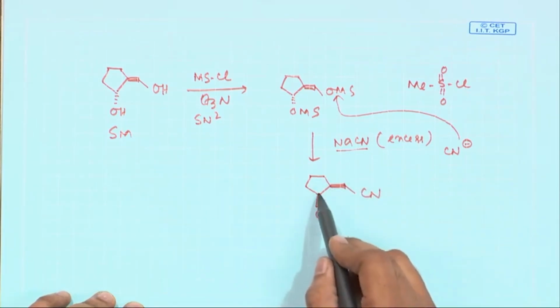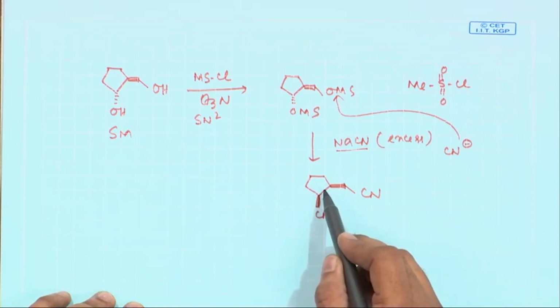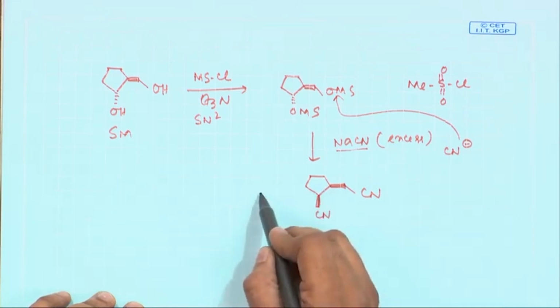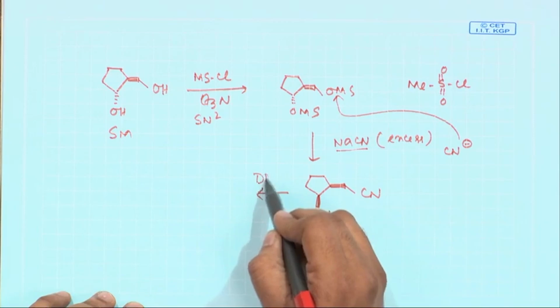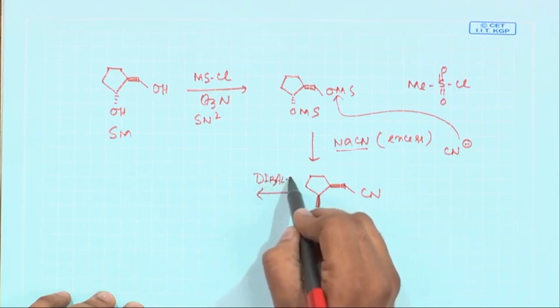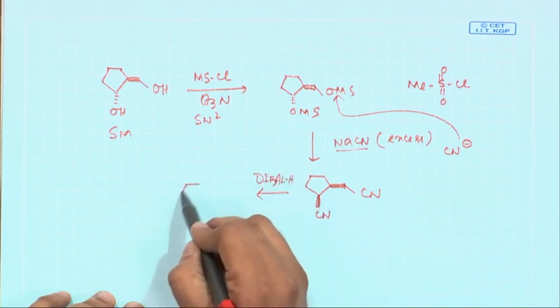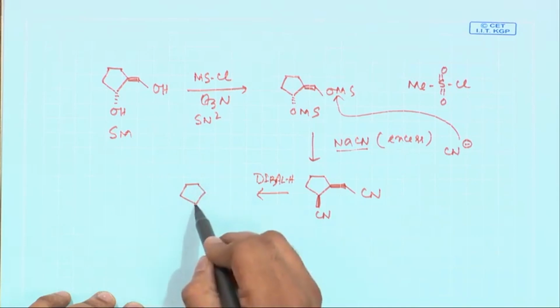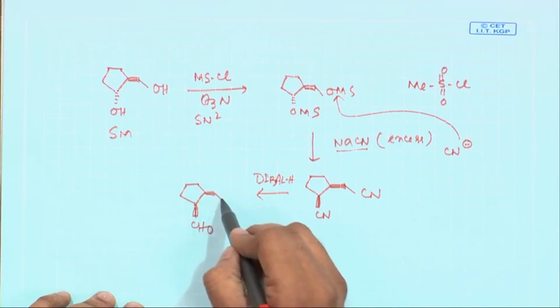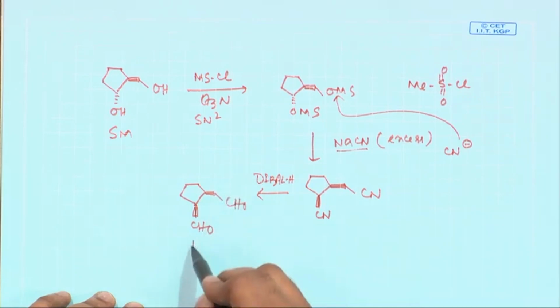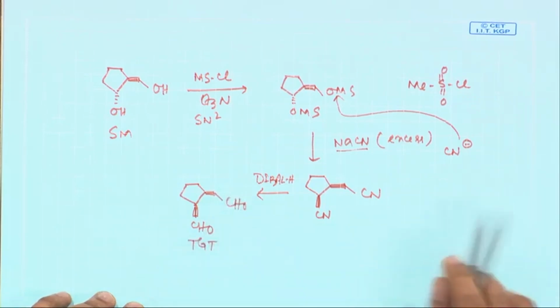So, particularly at this point, the appendage you are introducing by a displacement reaction undergoes inversion, and this was the main key factor. And then, as you have this dicyanide, you do an excess DIBAL treatment to complete the synthesis in an efficient way. So, your target molecule is basically achieved.